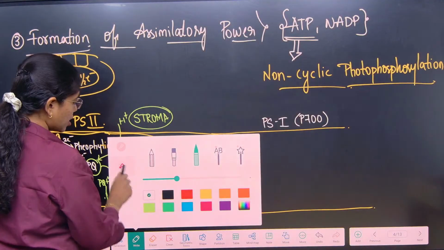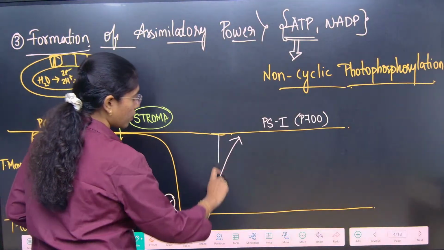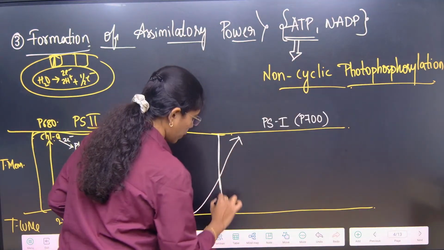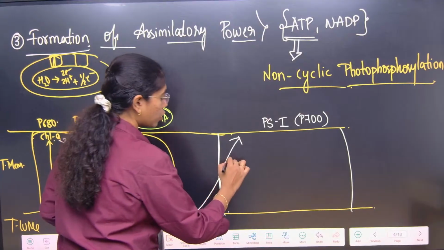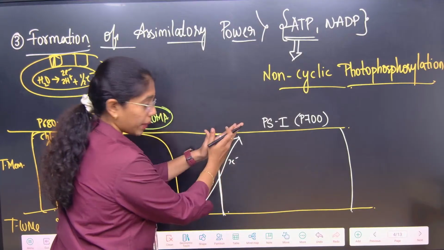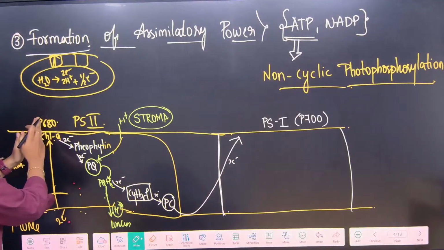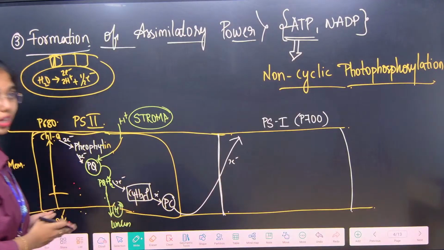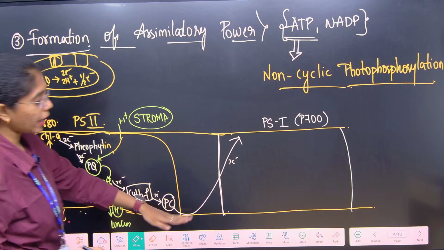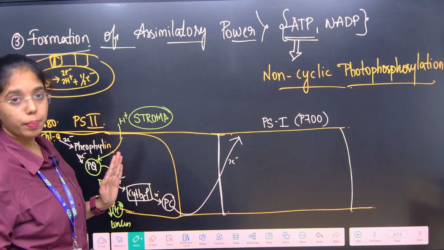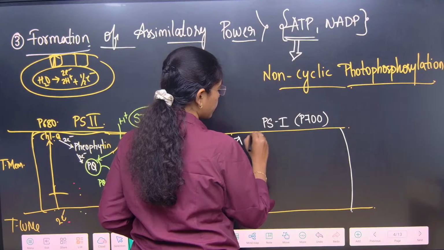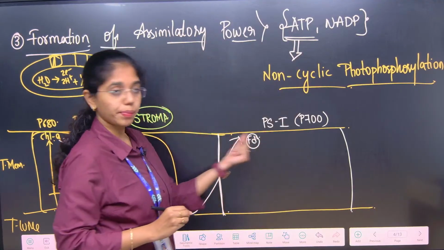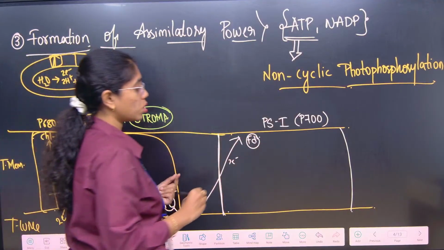So, if you observe, here the electrons again move in the uphill direction. First excitation is uphill, then electron flow in PS2 is downhill, and again from here uphill to PS1. Here PS1, what is it accepting? Ferredoxin. Ferredoxin is accepting the electrons in photosystem 1.